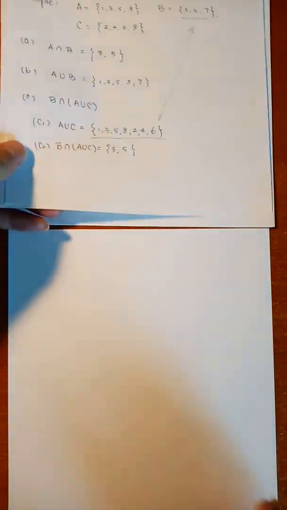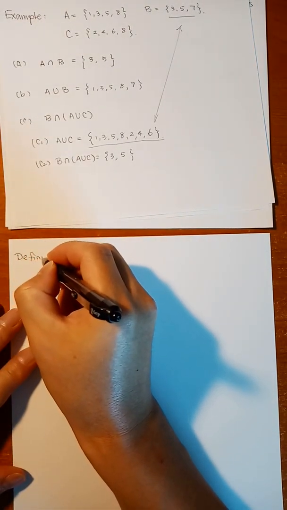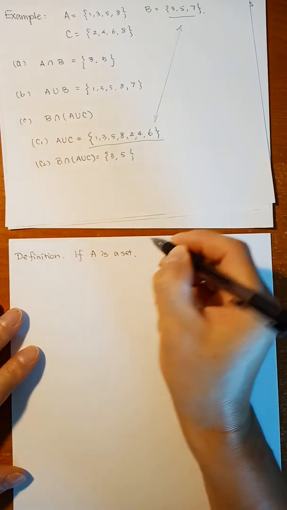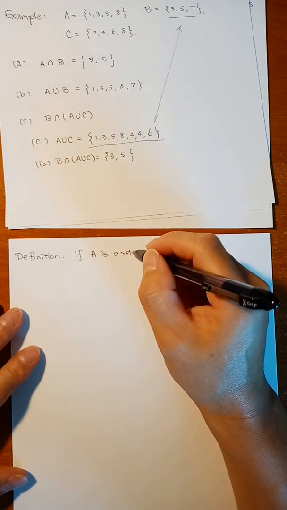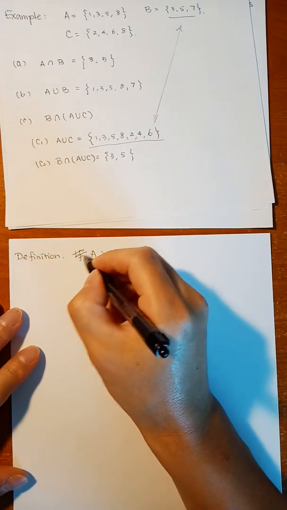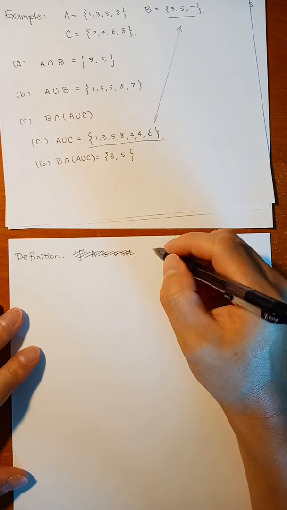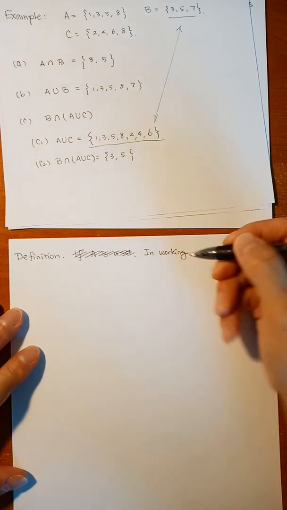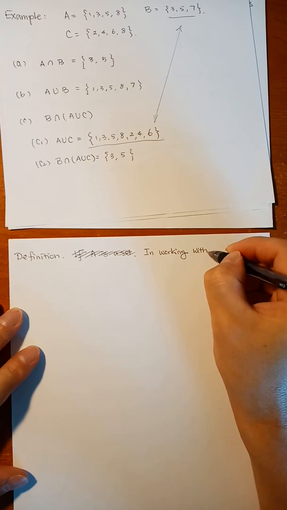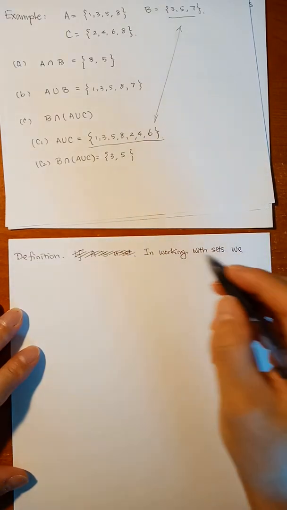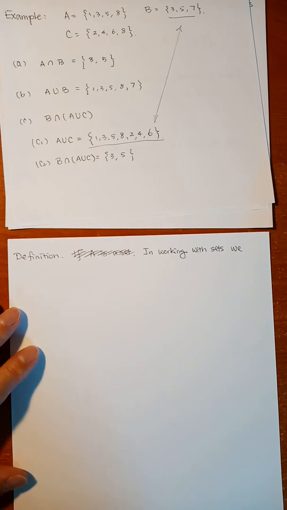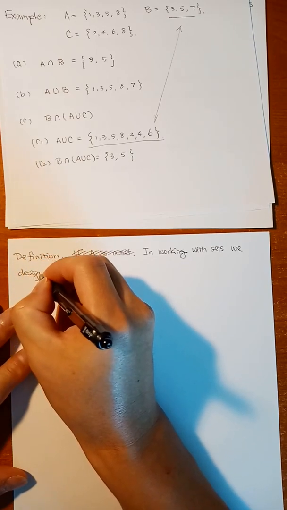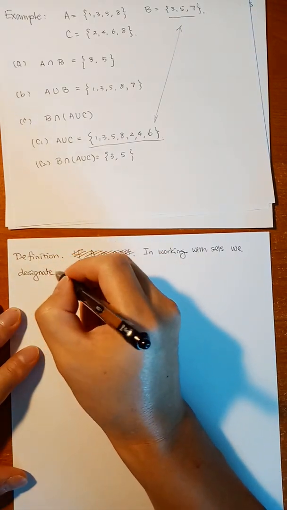So from here we get a definition. In working with sets, we usually, or in our mind, sometimes we may not even write it down, but usually we designate a universal set.